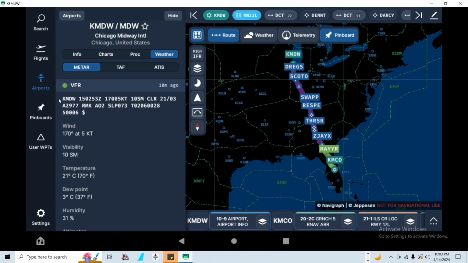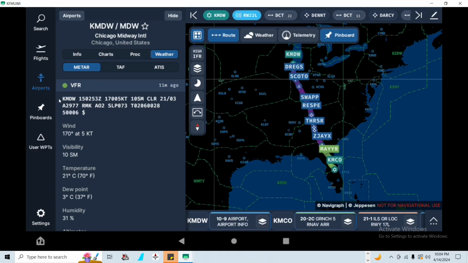There's always a 0 following the T for positive temp. If it's a 1, that stands for negative temp. So if we're looking at this T temp followed by 0206, that stands for plus 20.6 temperature. And then we have the 0028, which is the dew point, so that stands for plus 2.8.